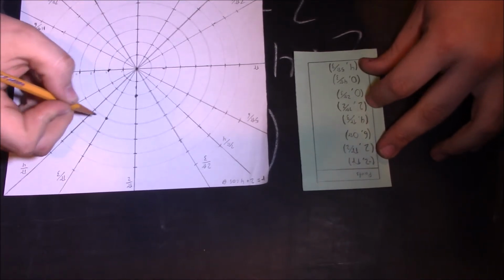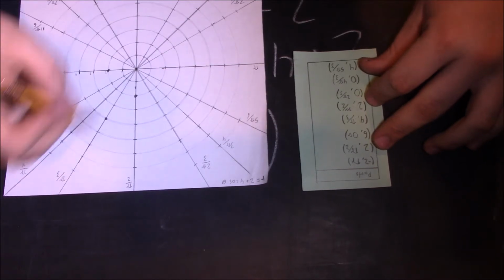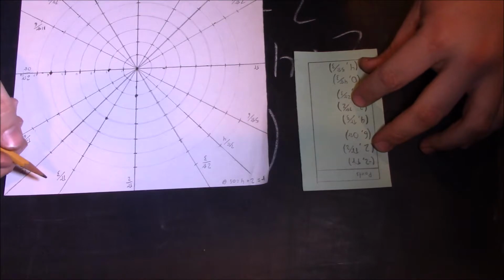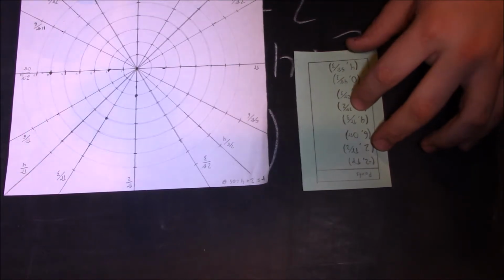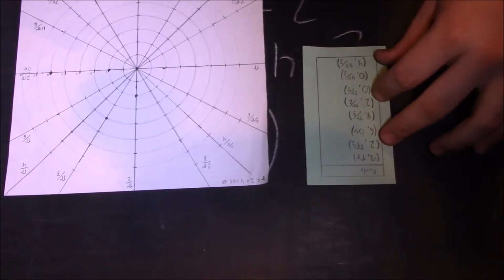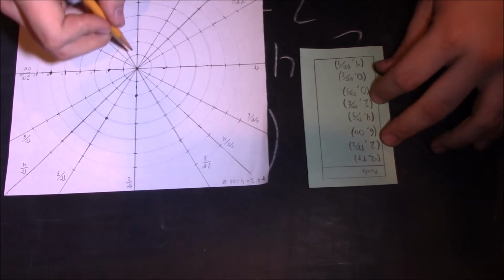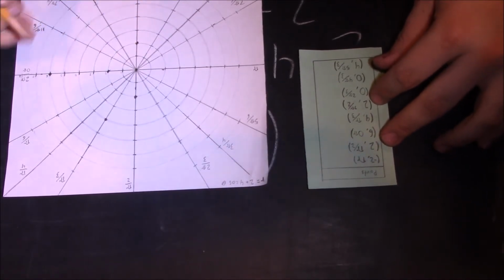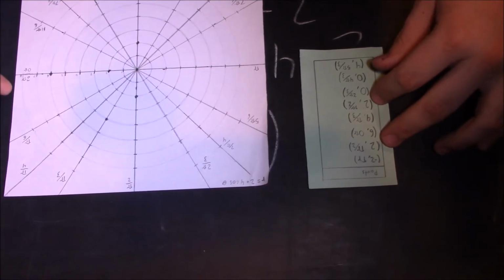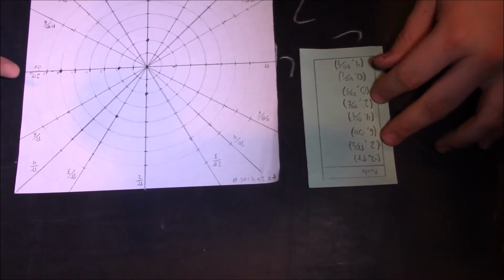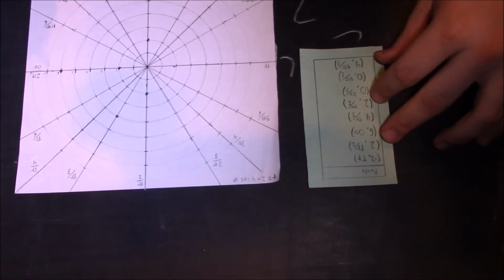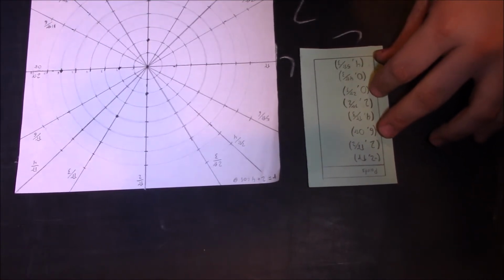This is +4, because otherwise it'd be in the opposite direction along the same line. 3 pi over 2 is going to be down here, or 270 degrees, and it's going to be 1, 2 as well along that line. Even though on a square graph it would be just -2 on the y-axis, it's actually +2 in the direction of 3 pi over 2.